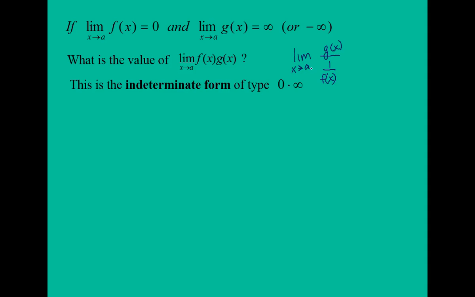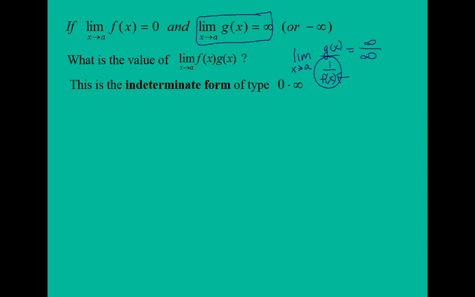But what is the result here? If g of x is going off to infinity, it says that right here. Now, if we looked at the limit of 1 divided by f of x as x approaches a, well, if f of x is going off to 0, that means the denominator is getting larger and larger, so that would be going off to infinity also.